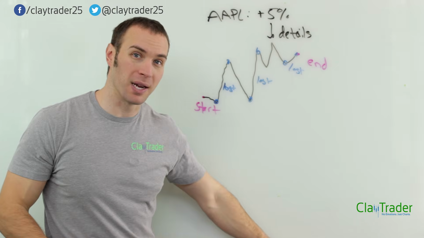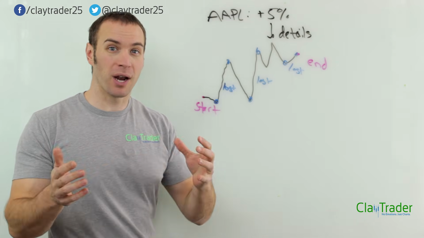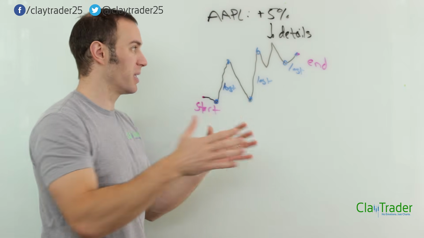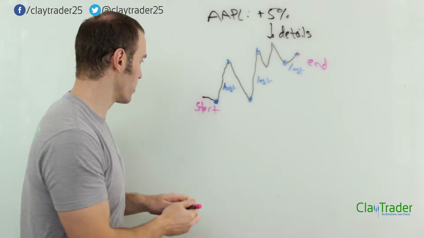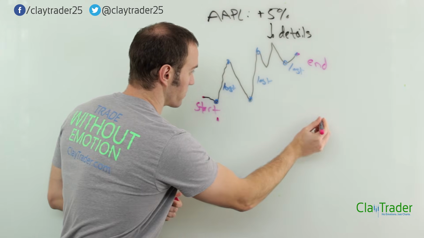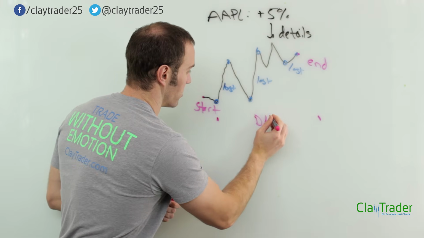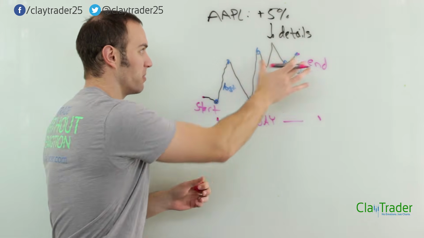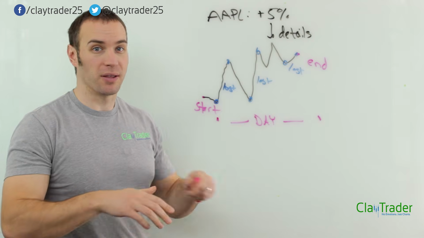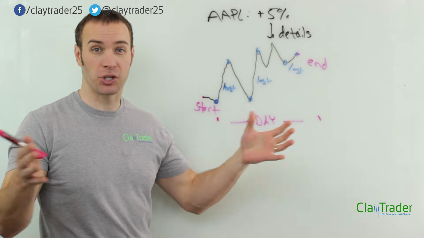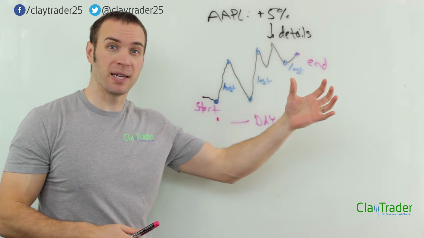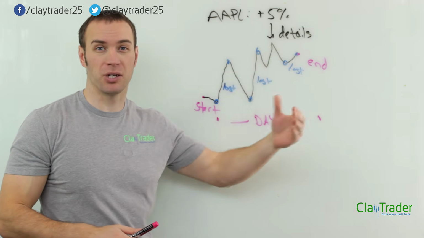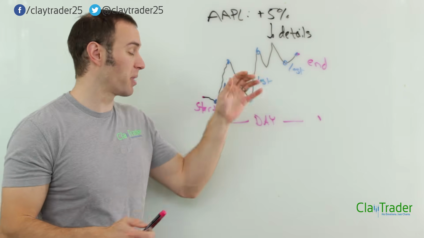So the whole point here is, first, day traders are looking at what's going on within the day itself. Just to reiterate, this time period here is a day. So that's what they're doing. They only care about capturing the price movement within the day and looking at the surface of things, whether it's a green day, meaning a plus percentage, a red day, meaning a minus percentage, or a break even.